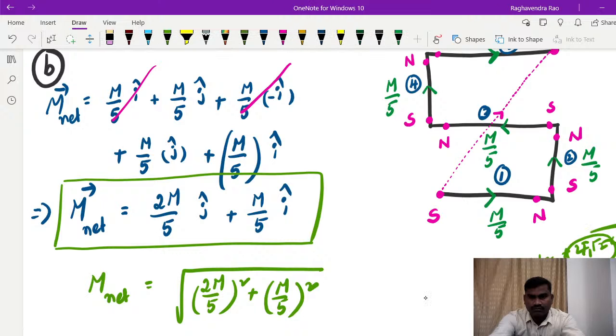As magnetic moment is a vector, we can use the law of vector addition, the triangular law of vectors.